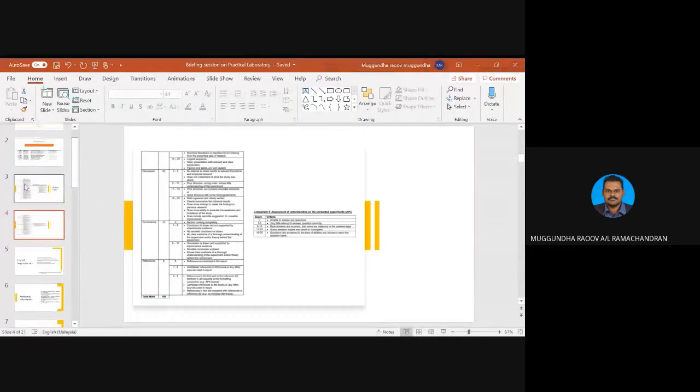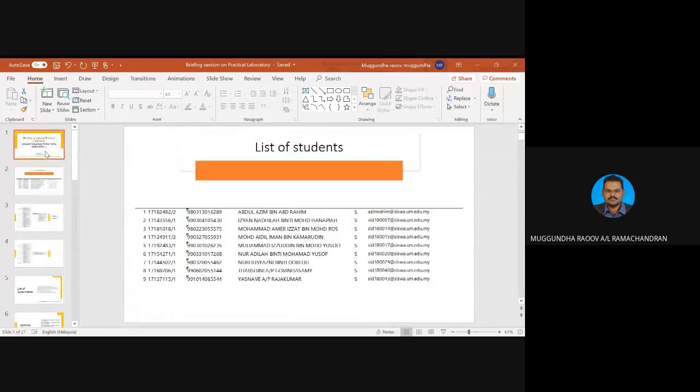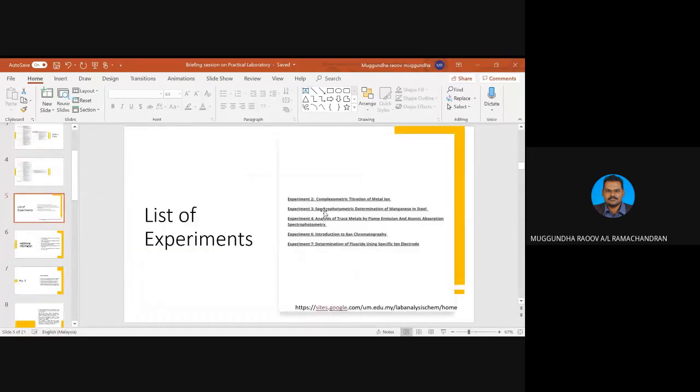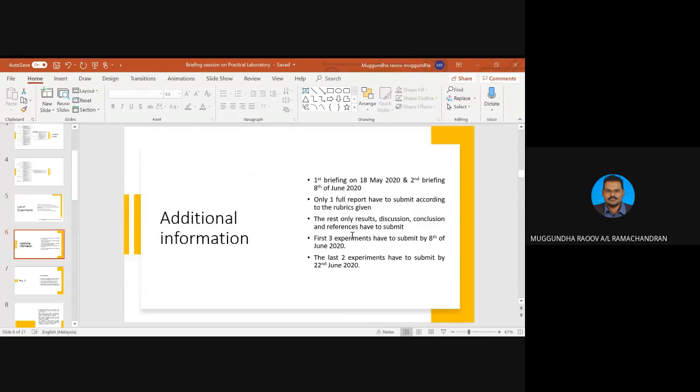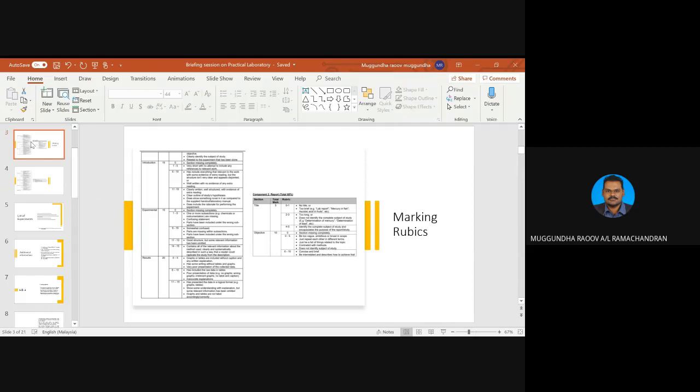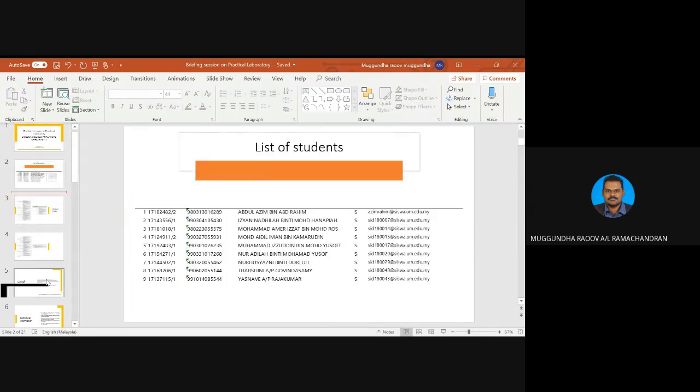Class, can we decide which experiment you want to do as a full report in this group? Can I suggest experiment number 6 as a full report? The rest are only results, discussion, conclusion, and references. Is that okay, class? So in this group, only experiment 6 needs a full report.